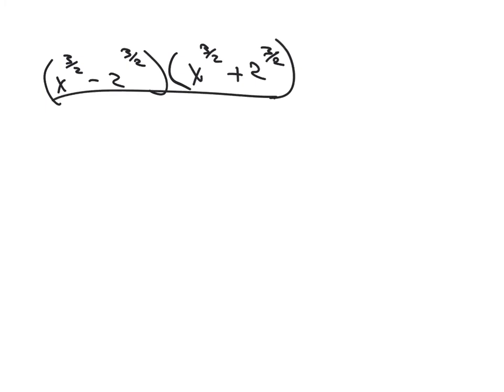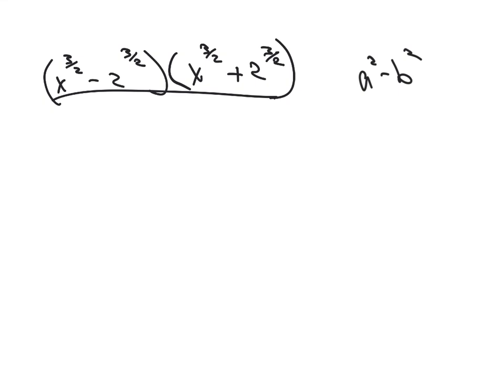x to the 3/2 minus 2 to the 3/2 times x to the 3/2 plus 2 to the 3/2. Now remember, there was another formula that said if we have something like that with the exact same terms, with the exact same variables, we can write that as a squared minus b squared, the first term squared minus the second term squared.